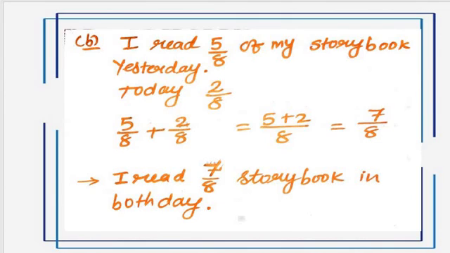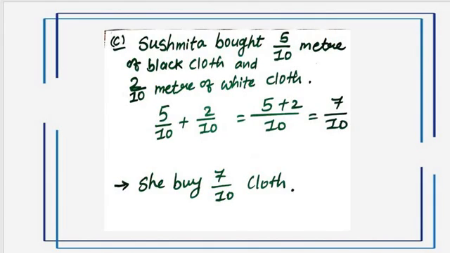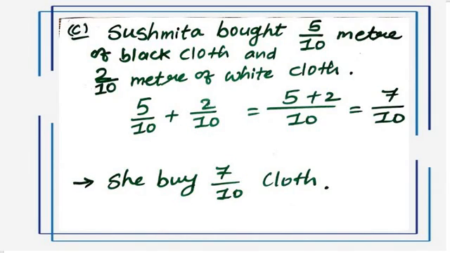Last question of this application in real life. Let's check the application in real life of question number 3. Sushmita bought 5 upon 10 meter of black cloth and 2 upon 10 meter of white cloth. Sushmita is the name of the girl.